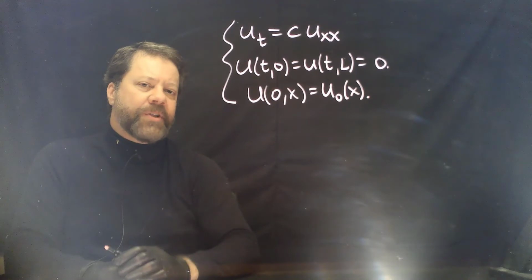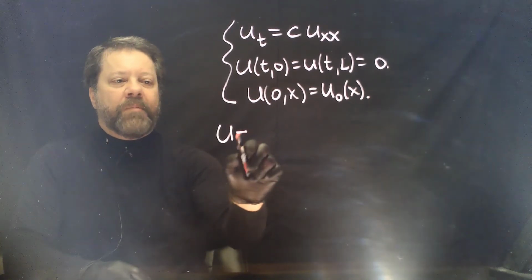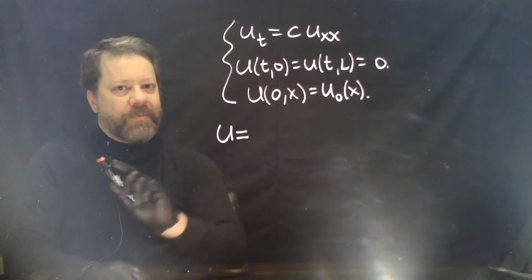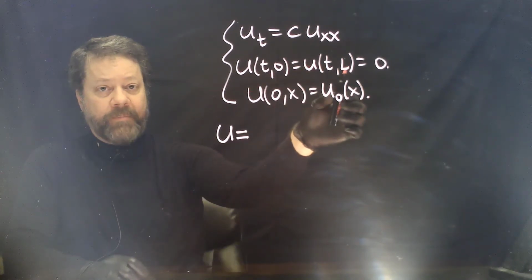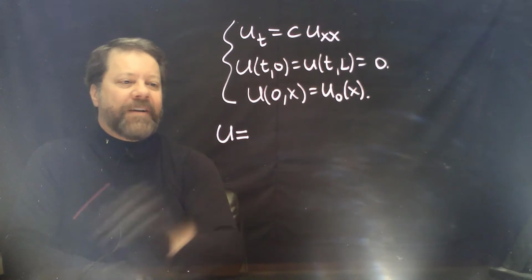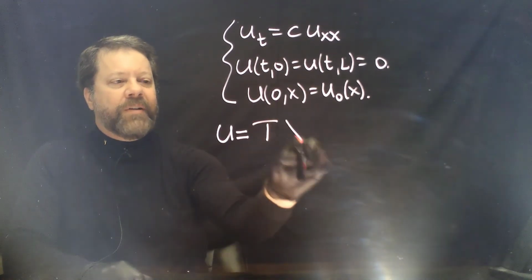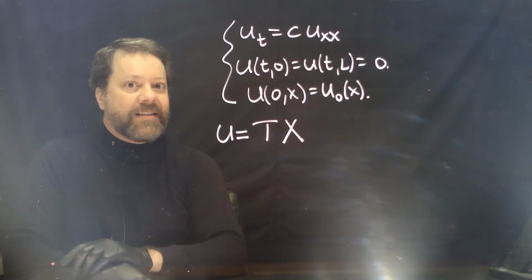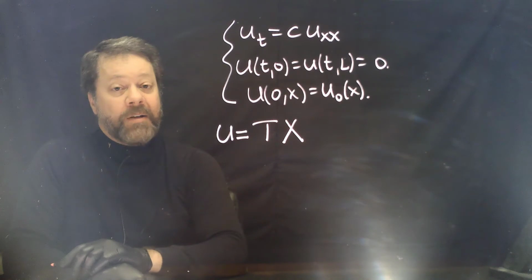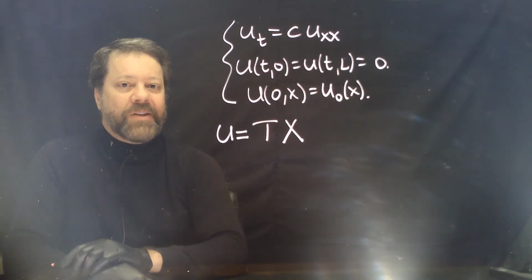We'll make the assumption that U is separable. Now, there might be some little additions to this for different boundary data, but for now it's good enough to assume that the function U can be separated as T times X. That's not true in general for solutions to the heat equation, but we'll show how to deal with those situations as well.